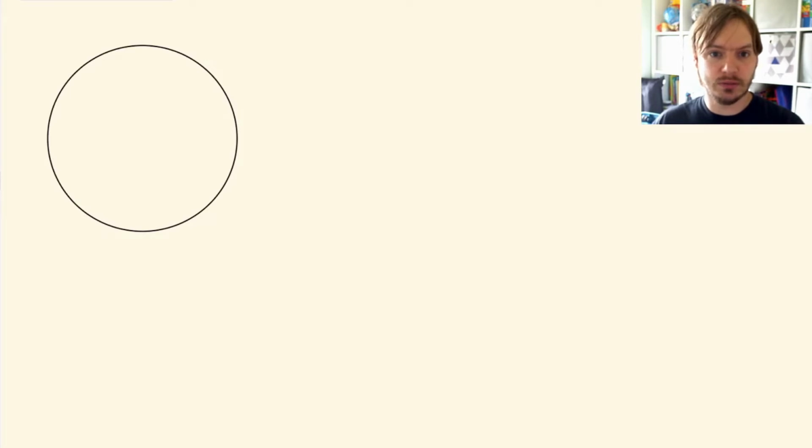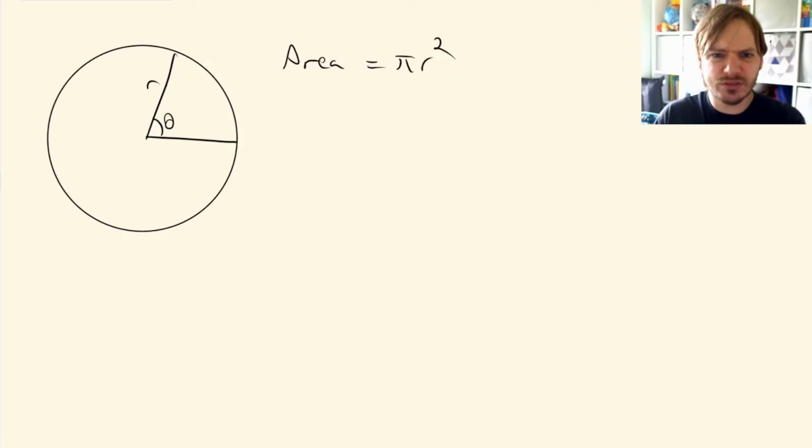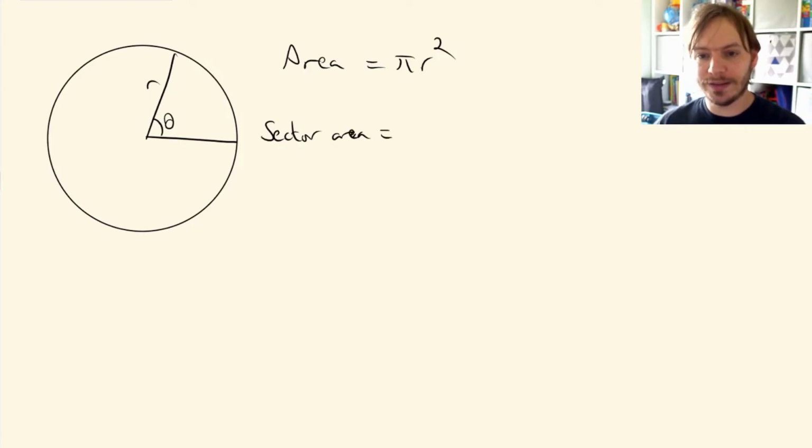So we hopefully remember that the area of a whole circle is pi r squared, and the slightly more awkward part of a circle here is if I have a sector. Now when I'm doing this in degrees, and you will have done this at GCSE, we know that the sector area is pi r squared, but it's only a fraction of pi r squared.